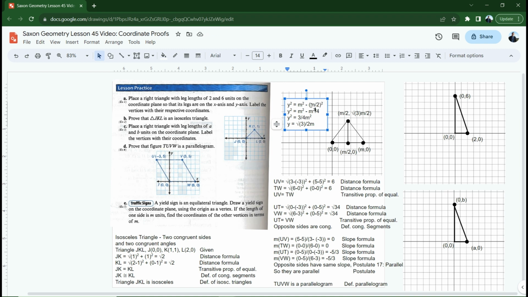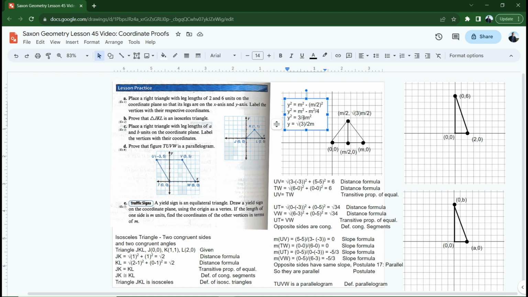And it's still going to be minus because the squared does not apply to the minus outside the parentheses. Well, m squared minus m squared over 4 is going to be 3/4. I'm subtracting 1/4 of m squared from m squared. This is going to mean I have 3/4 of m squared left. So y squared equals 3/4 of m squared.